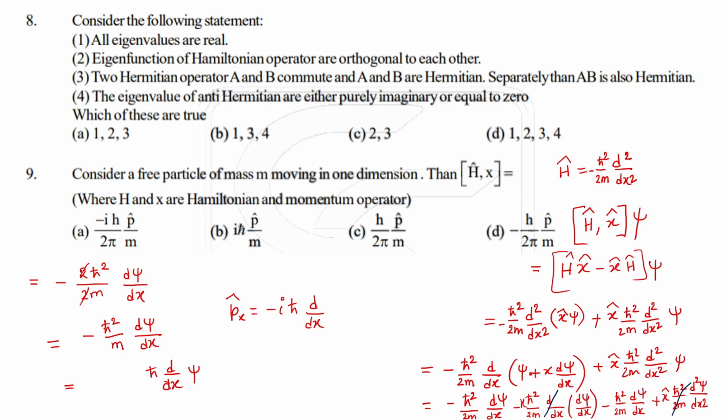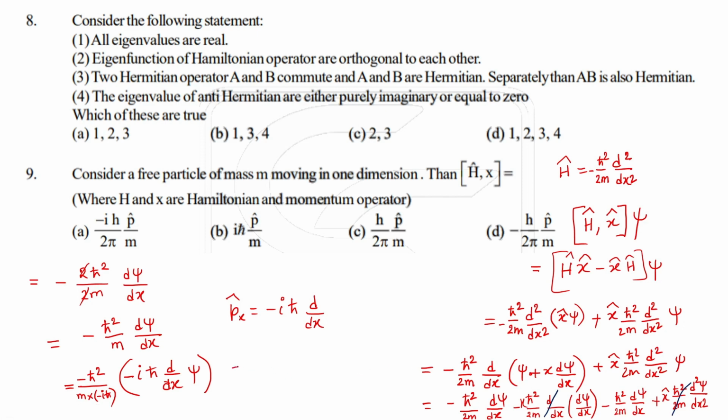I have taken 1ħ. I need to take minus i also. So if I take minus i here, I have to also divide the whole thing, right? Minus ħ²/m, I also have to take minus iħ here. Are you getting my point what I'm trying to do here?